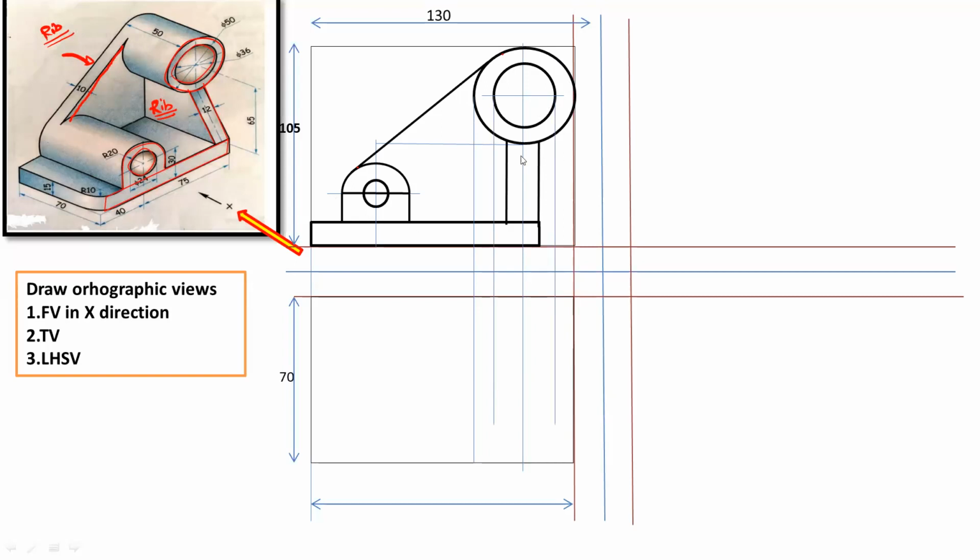And these 2 lines will be hidden lines. In the front view, you can observe the circle, but in the top view, you will observe 2 hidden lines for this cylinder, because this is a hollow cylinder. So this is a visible outline, and these are 2 hidden lines.